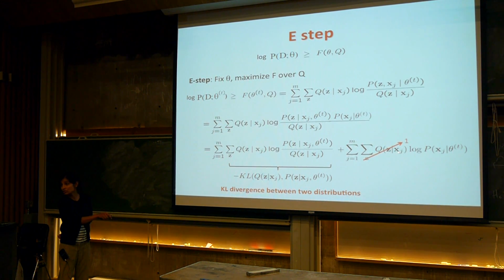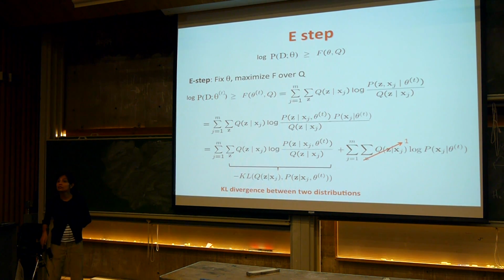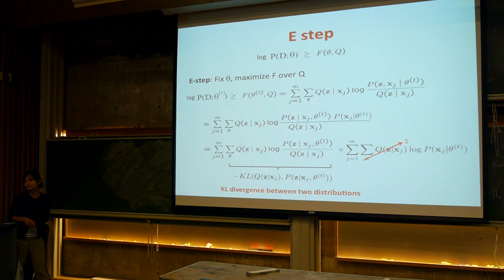And it's a distribution, so if I'm summing over z, that has to sum to 1. So all I'm left with is the sum j equal to 1 to m of the log of the distribution of x's, which is just the log likelihood of the data. That's the same quantity I have on the left-hand side here.